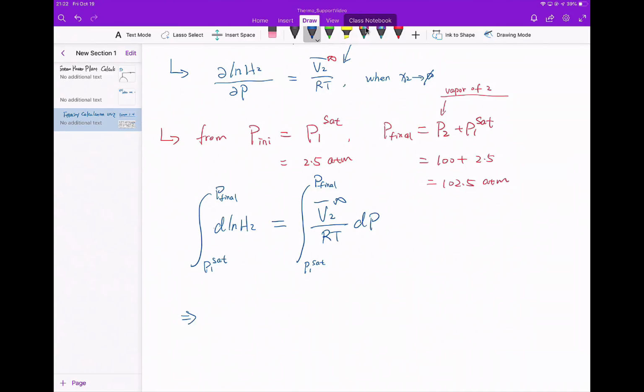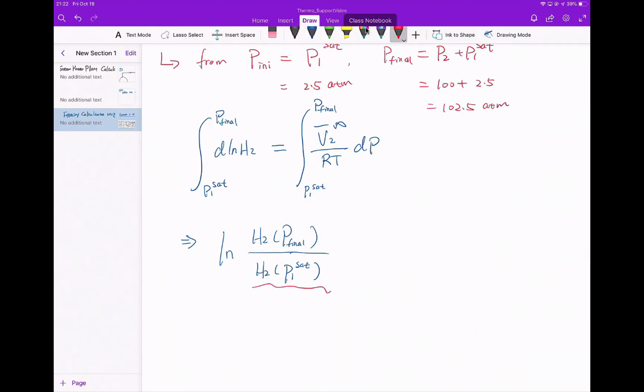So there you can see this is log H2 of the P final over H2 of P1 set. You see, we have that information. So this is a perfect choice for this calculation.